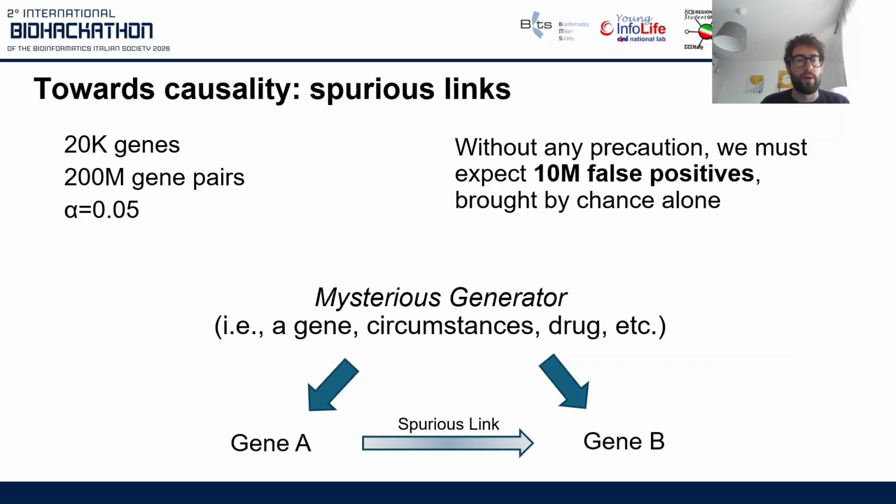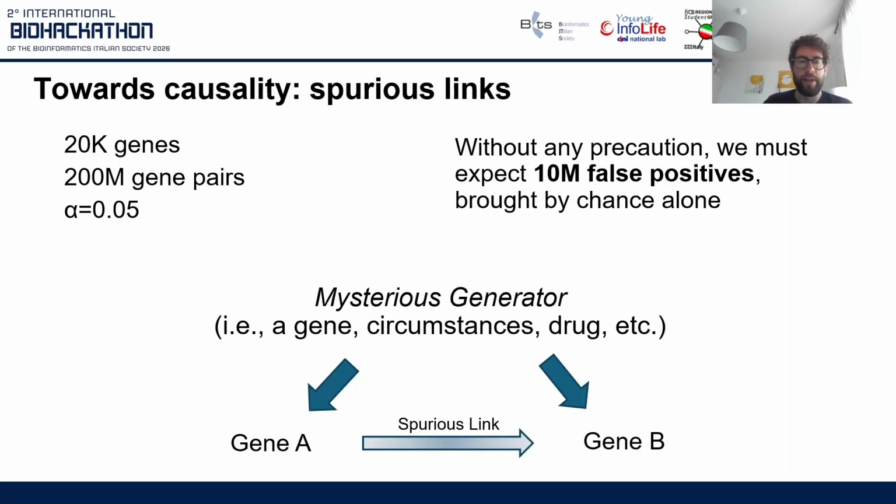So imagine that you have 20k genes. This means that you have 200 million gene pairs. And even if we assume a 5% confidence, then we can expect 10 million false positives, which is a lot. And this is brought by chance alone.